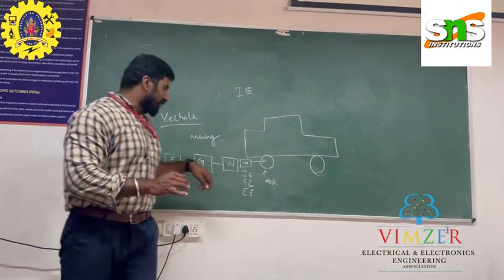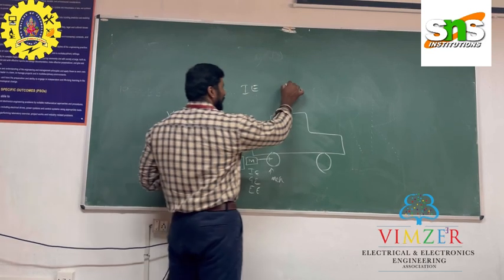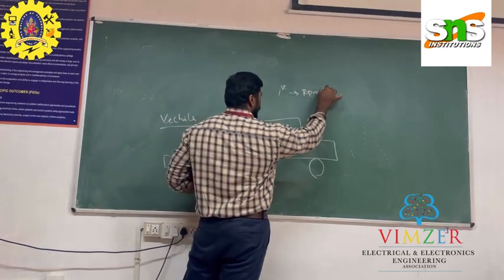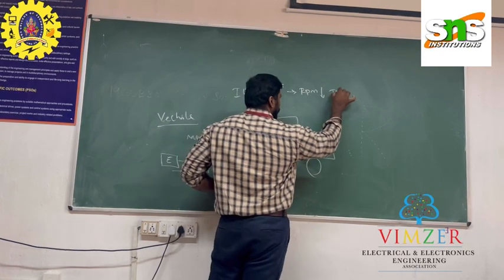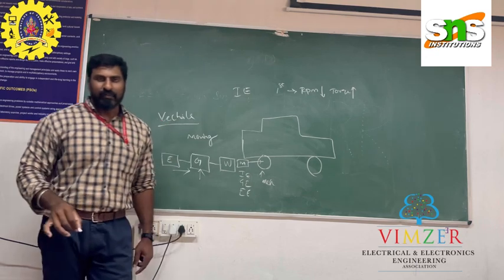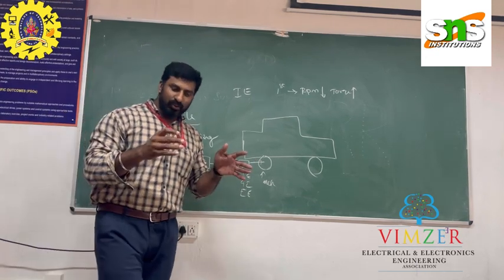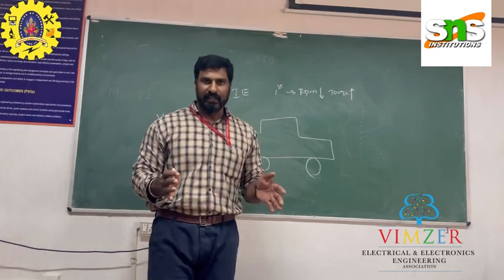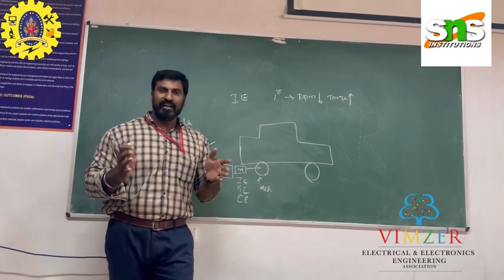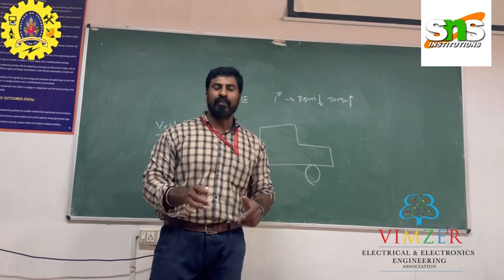For example, in the first gear, the RPM value will be very low and at the same time the torque value will be very high. This is the first gear because the vehicle is in a standstill condition. In that condition, different kinds of forces are already applied on the vehicle.